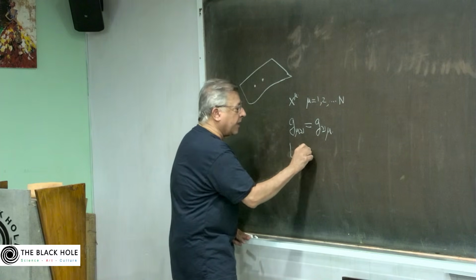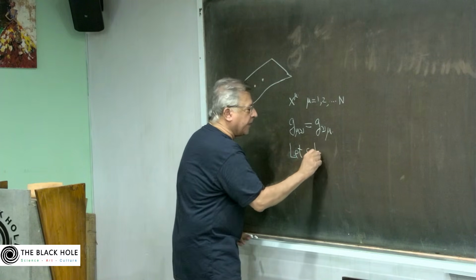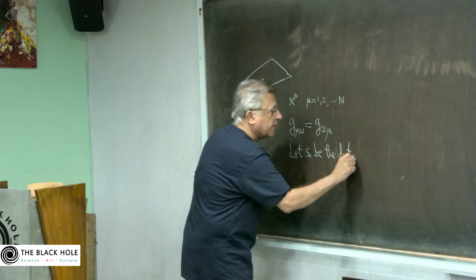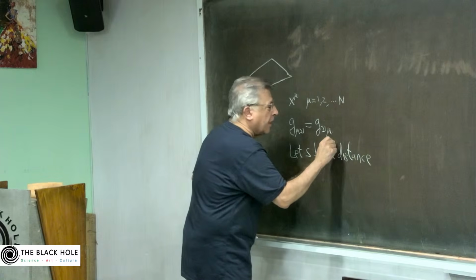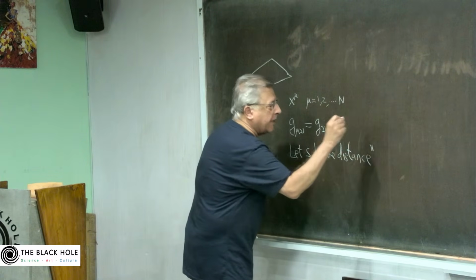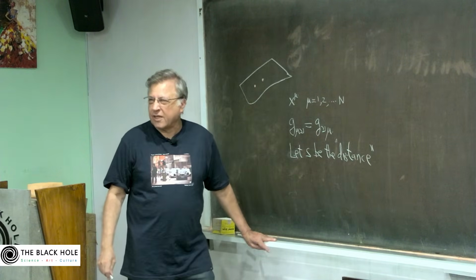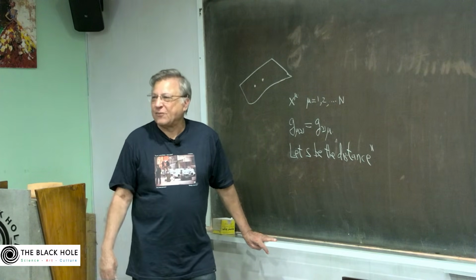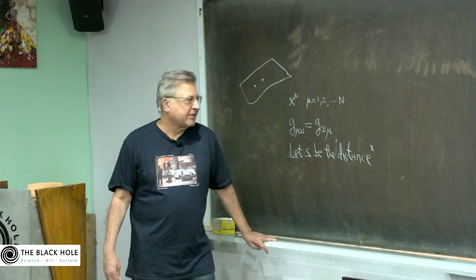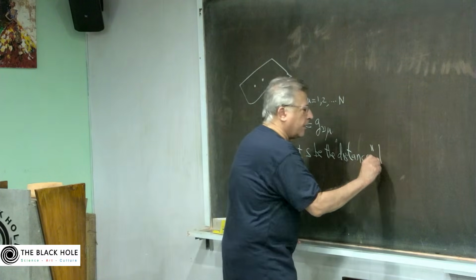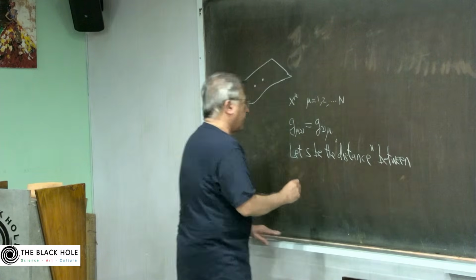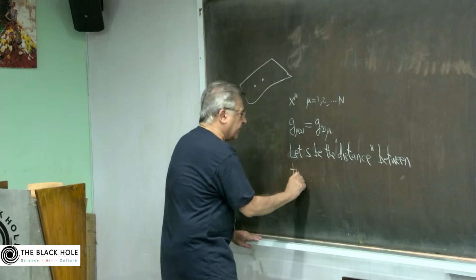The defining point, the distance between them, let s be the distance, and here I'm putting distance in quotes because there will be many different ways by which you can measure distance between two points.